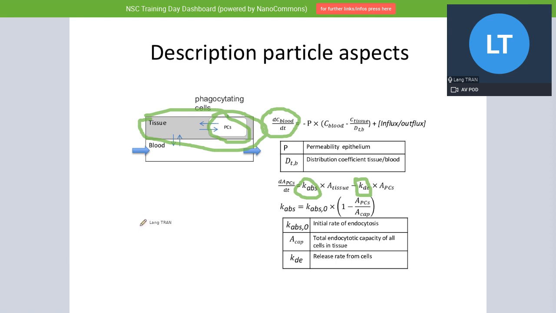However, in reality, of course, we don't know all these parameters because they are particle dependent. So what goes in from the tissue to the blood is very much a function of the particle physical, chemical characteristics. So it will be very particle dependent.